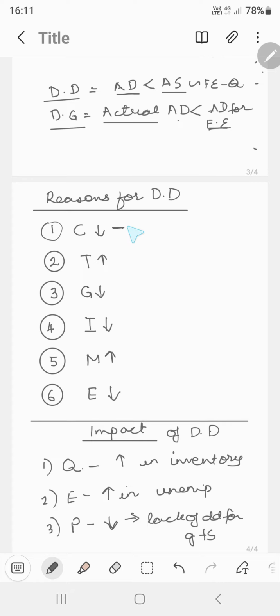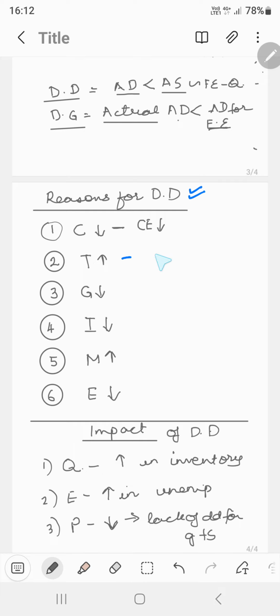Explaining the first reason for deficient demand, decrease in propensity to consume. That is, the consumption expenditure has decreased due to certain reasons, and if consumption expenditure decreases, that would become one of the reasons for deficient demand. The second reason is taxes have increased.